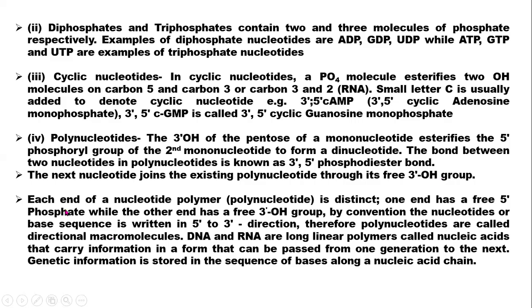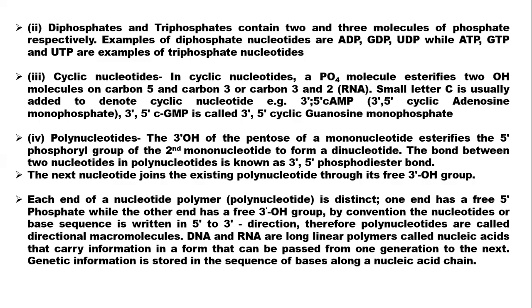Okay, so each end of a nucleotide polymer, which is a polynucleotide, is distinct. One end has a free 5' phosphate, while the other end has a free 3' OH group. In the 5', the phosphate group is free, while in the 3', the OH group is free.